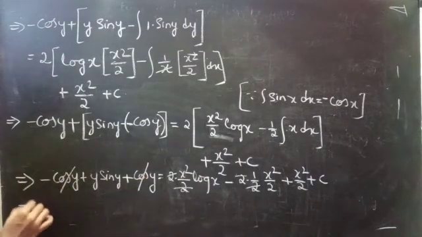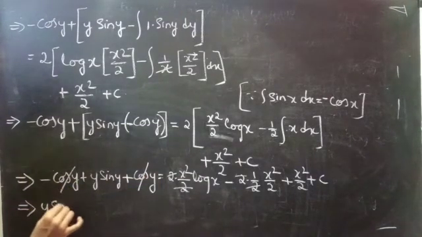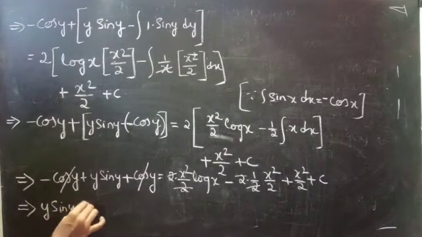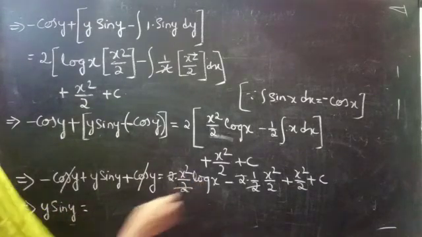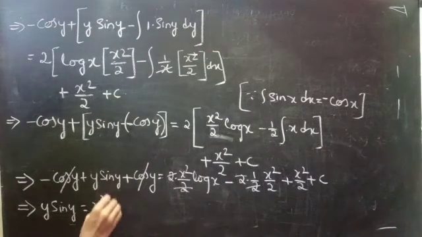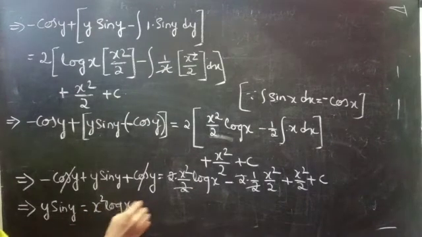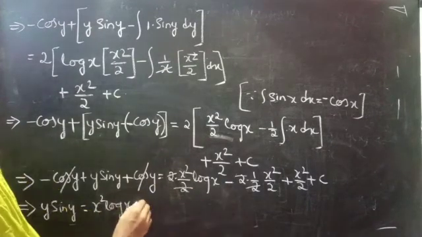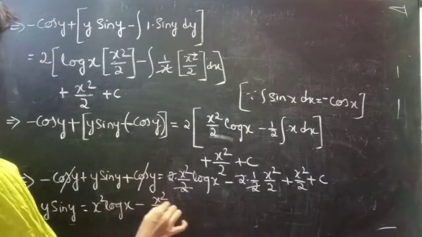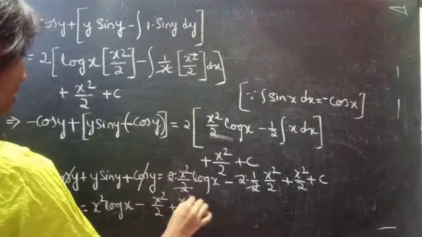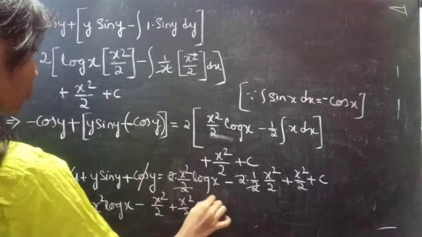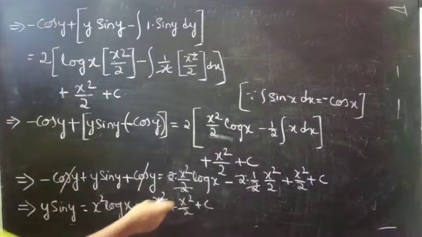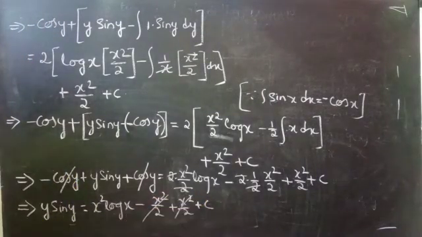So finally you'll get y sin y equals to x square log x minus x square by 2 plus x square by 2 plus c. So minus x square by 2 and plus x square by 2 gets cancelled.